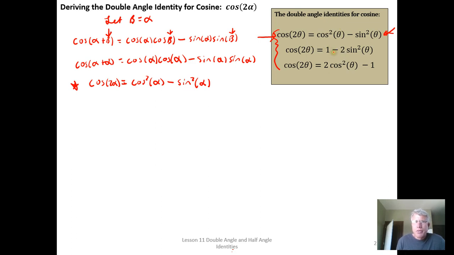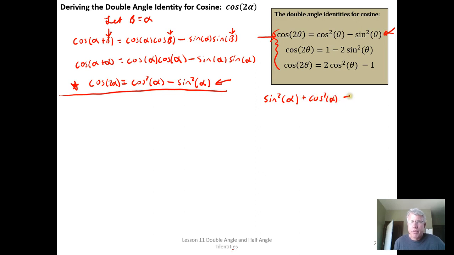To get the other two double angle identities, we use the first double angle identity in conjunction with the Pythagorean identity. So we remember that the sine squared of alpha plus the cosine squared of alpha is equal to 1 by the Pythagorean identity.